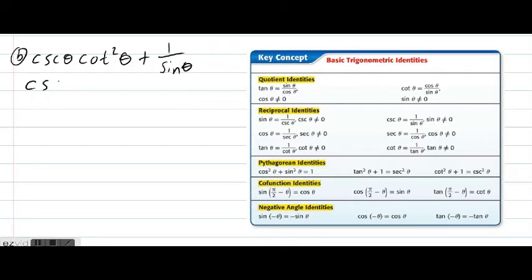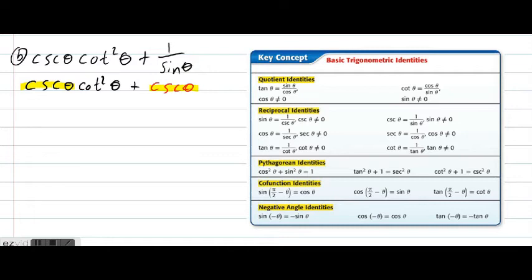So let me rewrite it. I have cosecant of theta times the cotangent squared of theta plus, and here's the one we rewrote, cosecant of theta. Now I start looking at this and I'm still not sure what to do, but I do notice that we have a cosecant theta and a cosecant theta there.